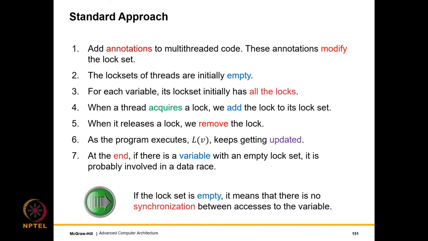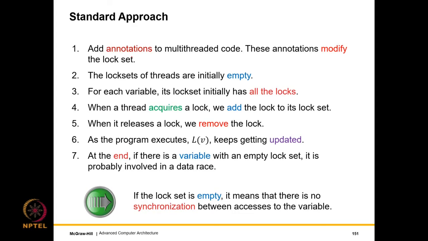So what is the standard approach? The standard approach for using the lock set algorithm is to add annotations to the multi-threaded code. These annotations help track the lock set. The annotations are added to every read and write of a shared variable, and the moment we have a read or write, we track the lock sets.